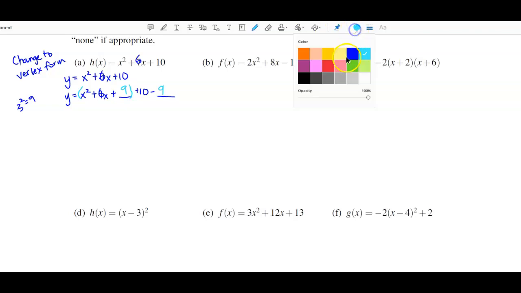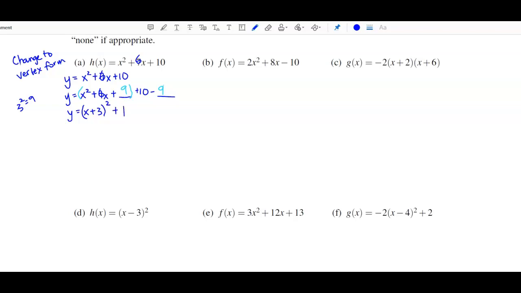So when I rewrite that, I get y equals x plus 3 all squared. And then I combine these 2 terms together, which gives me 1. Now that this is in vertex form, I can easily see what the vertex is.